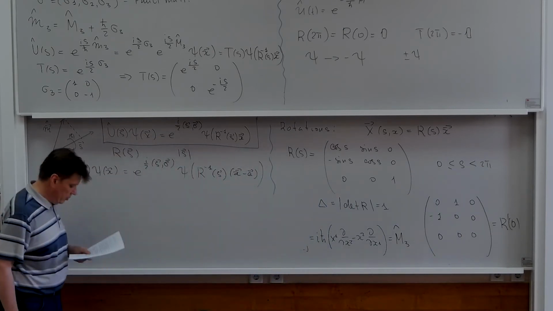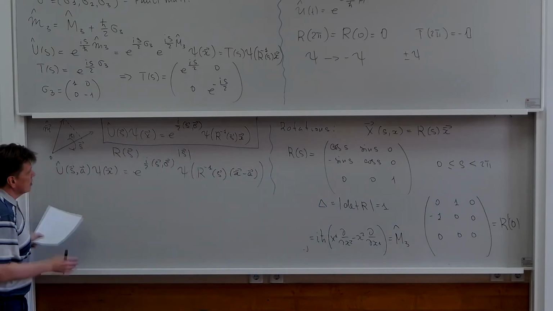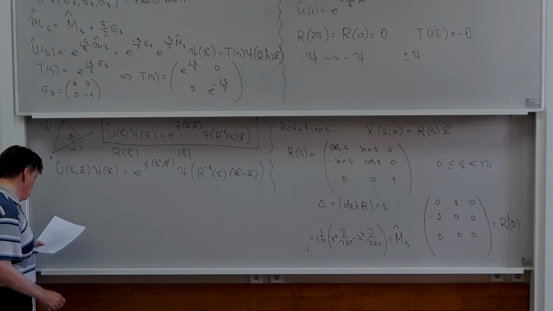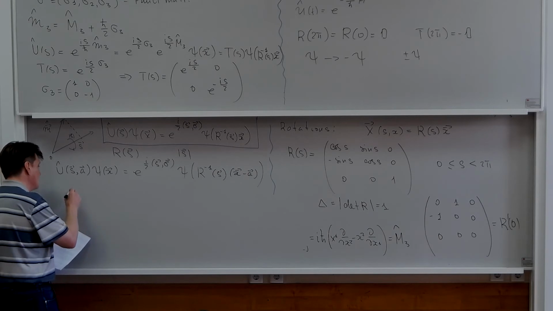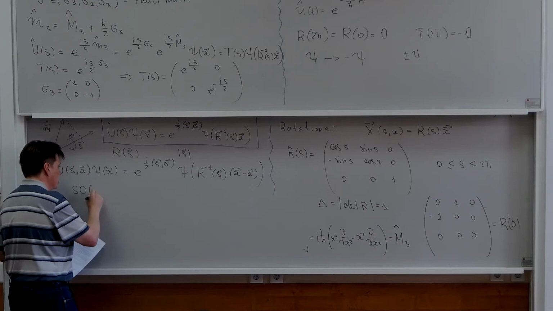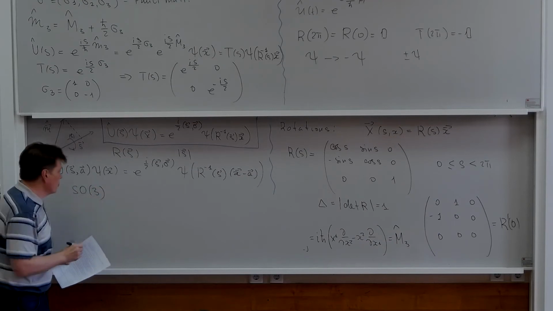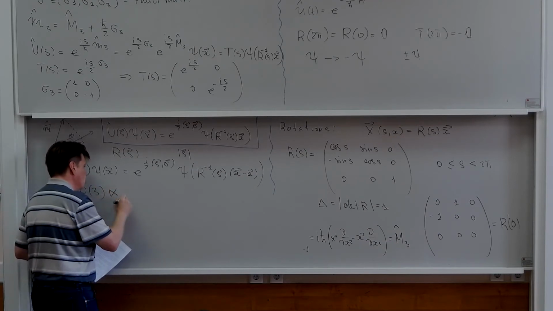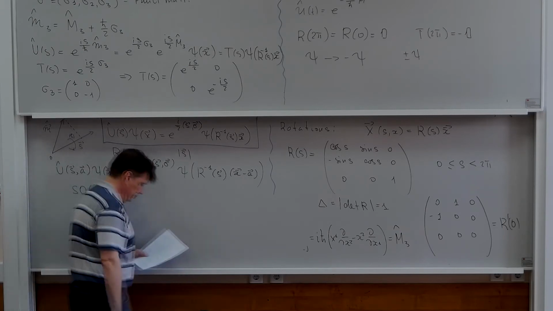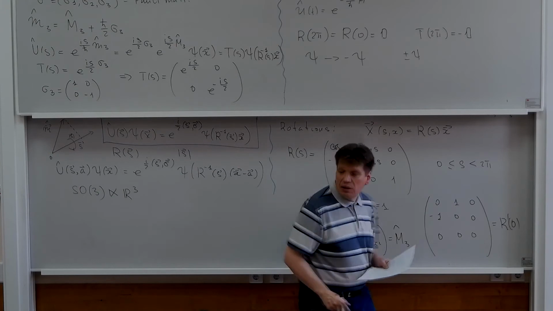This is a six-dimensional Lie group which is isomorphic to the semi-direct product of the rotation group SO(3) and the translation group R3, semi-direct product.